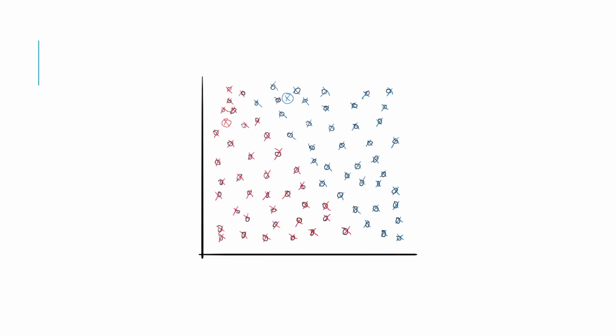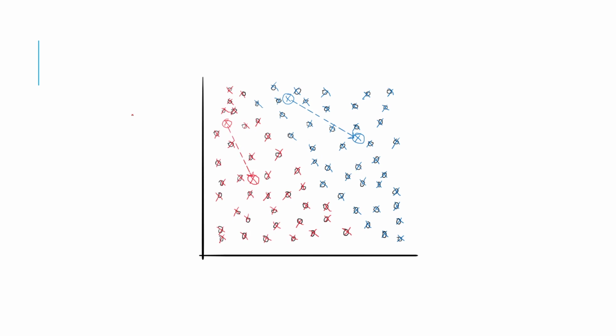Based on those guesses, we will assign each data point to its nearest cluster center. So in here we can see that data points closer to the red cluster center are assigned to the red cluster. Data points closer to the blue cluster center are assigned to the blue cluster.